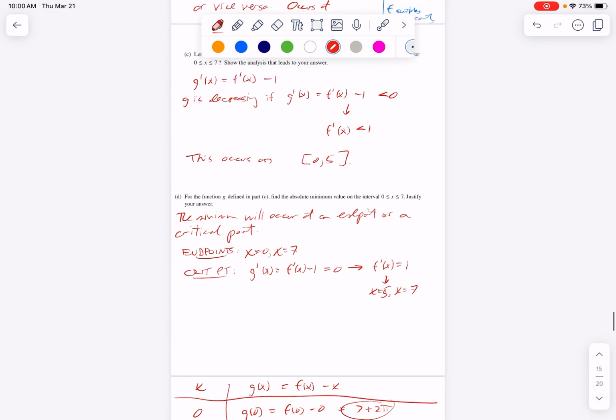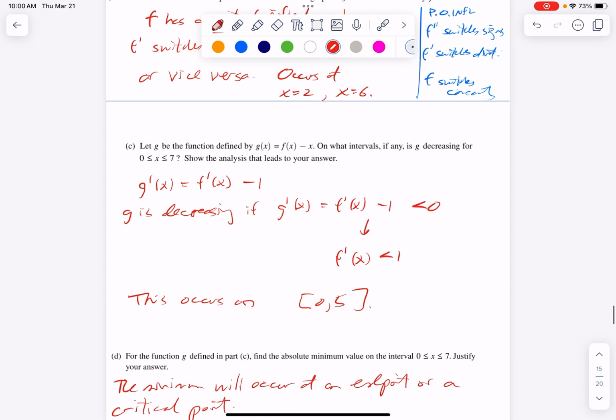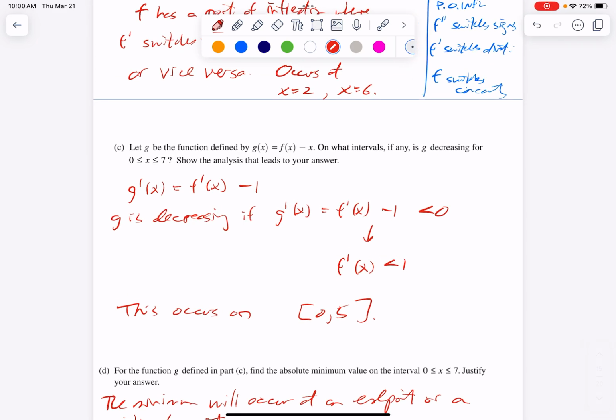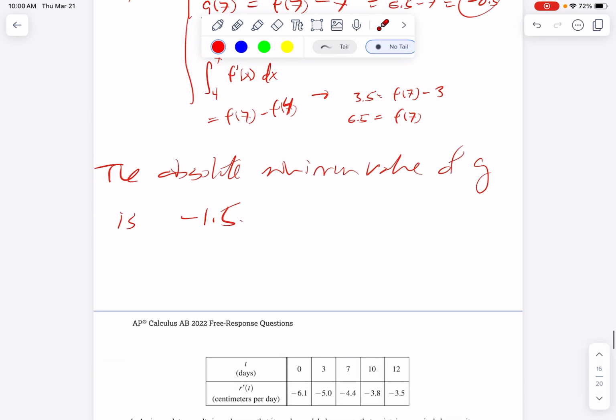For this problem, however, what we actually noticed in C, we learned that this function is decreasing from 0 to 5. And if you think about it, for the analysis we did, you would also know it is increasing from 5 to 7. So another way you could do this, making use of what we've already seen, right?